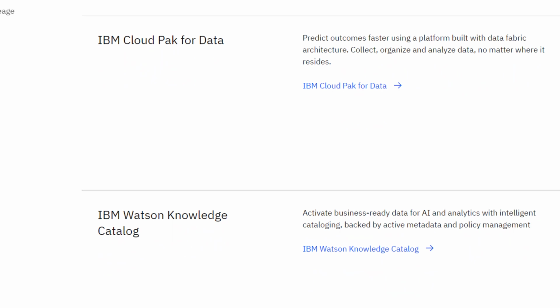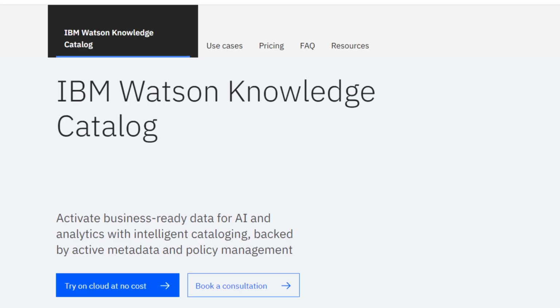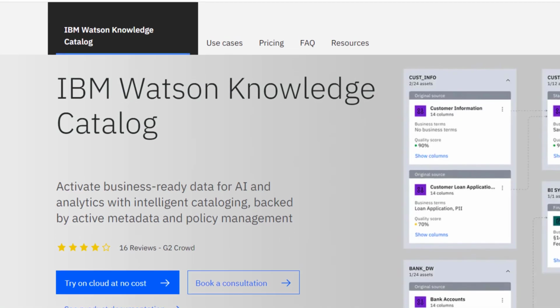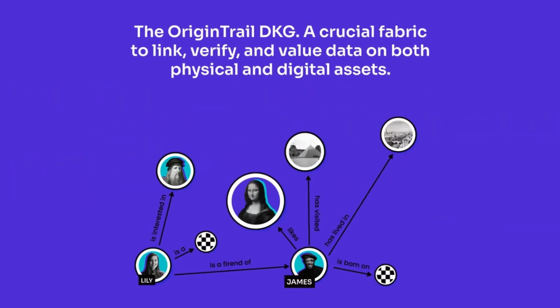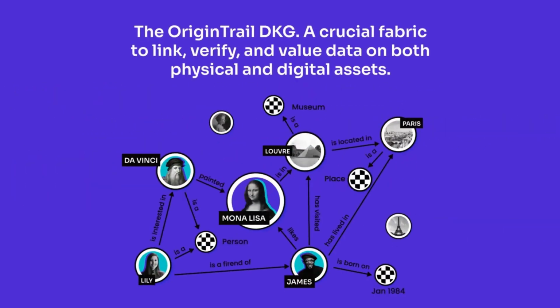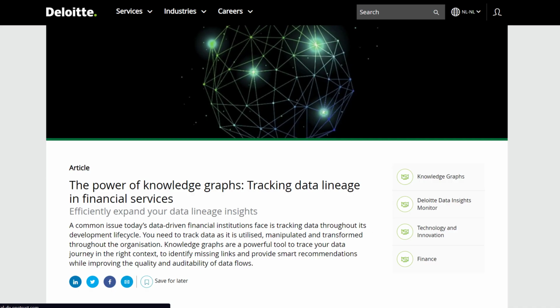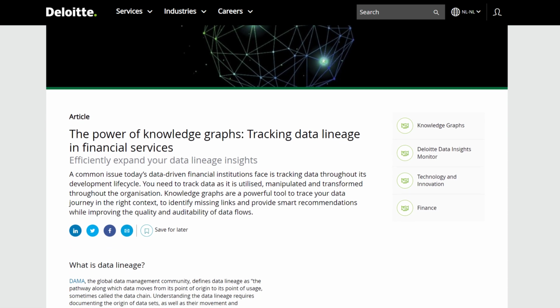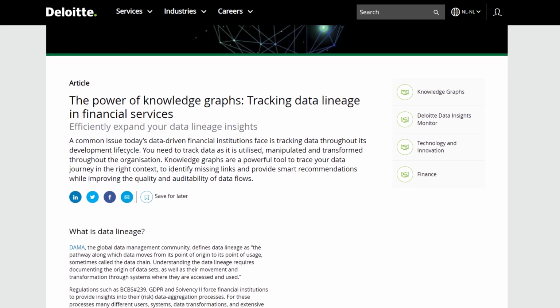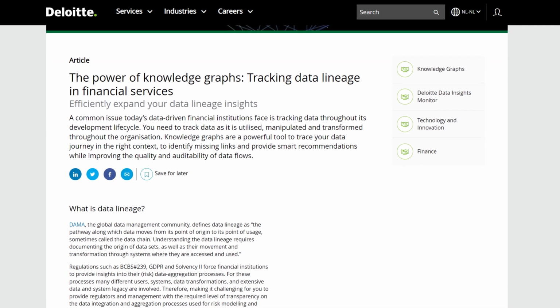Just like a hammer is more likely to be the best tool for pounding a nail, knowledge graphs and their interconnected and descriptive nature offer the highest levels of data lineage by their very design. No need to hear it from me. Let's listen to Deloitte, and let's also talk about the fintech industry as a case study.